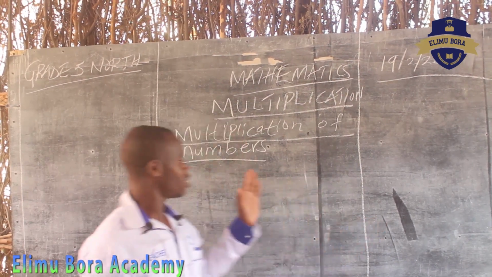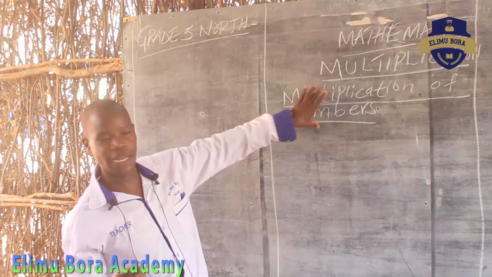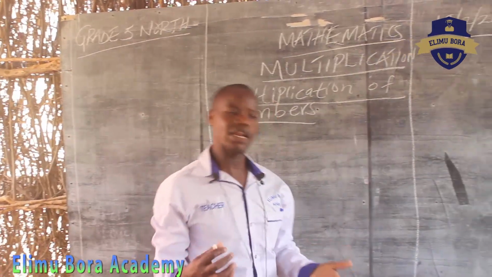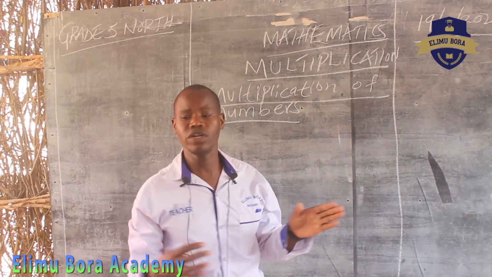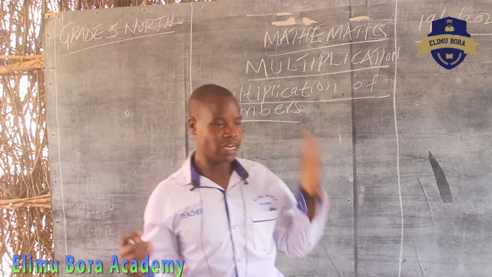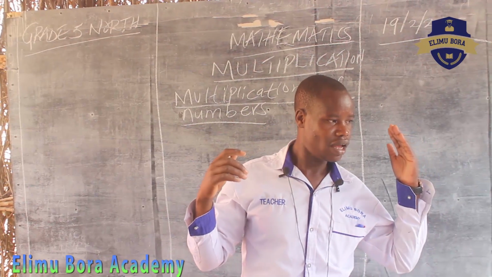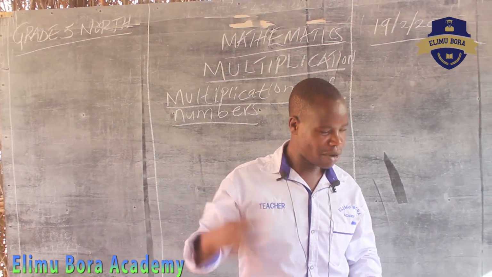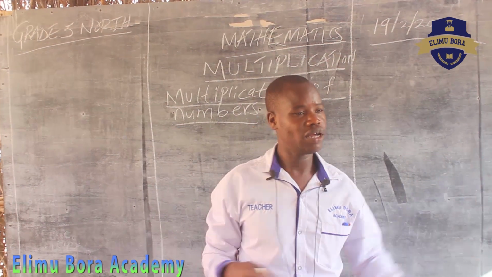So we want to look at the first example here so that we can learn how to multiply digits. When you talk of multiplication, it is addition. Can you say multiplication is addition, added the number of times that we are adding. We are just adding several times.